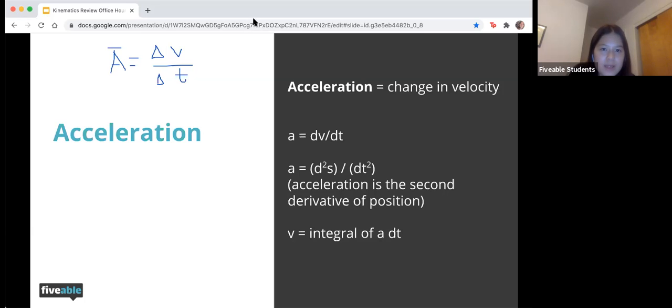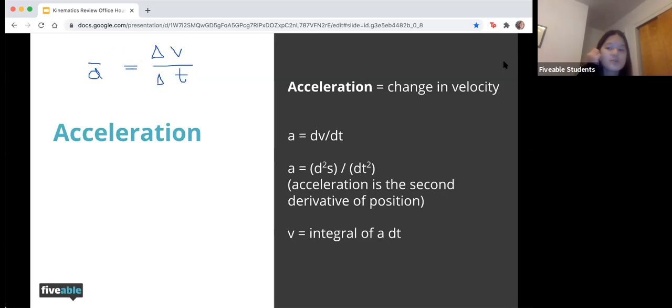I'm going to do a lowercase a, so we can be super technical about it. And for anything with average, you always put a little line over it. I forgot to add that. So that is for average acceleration.